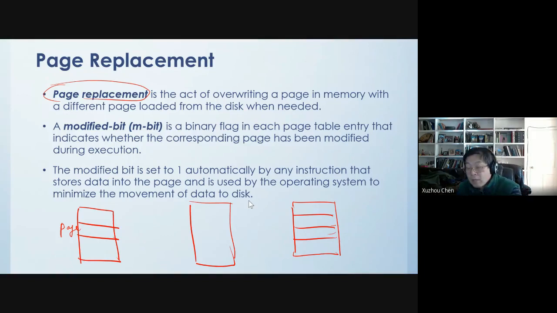So here comes the scenario. If you don't schedule this very well, you will run into a situation where, in one page fault, you throw one page away and load another page, and then right after this, you have to load that page back with another page fault.